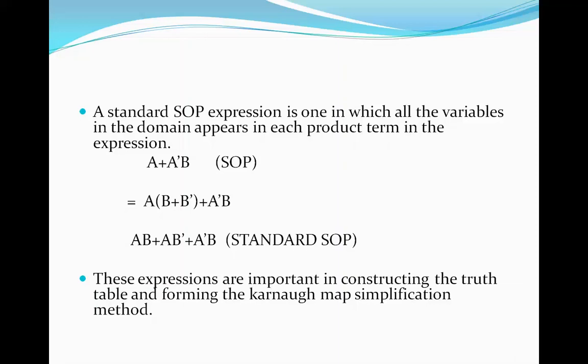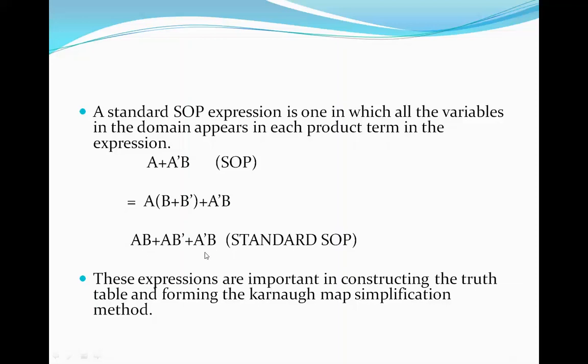So if I multiply this A with B or B complement, it is not going to change anything. So now I have multiplied this A with B or B complement, and the next term will be the same, that is A complement B. When I solve it further, just applying the distributive law, I simply multiply this. It will be A B, or A B complement, or A complement B.